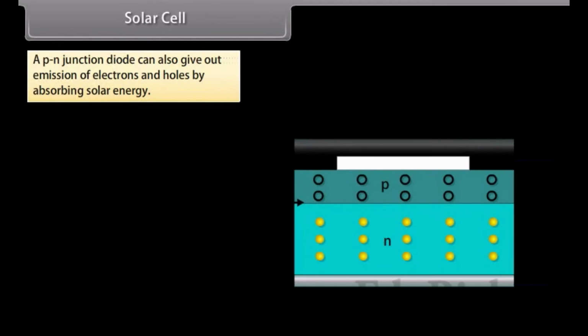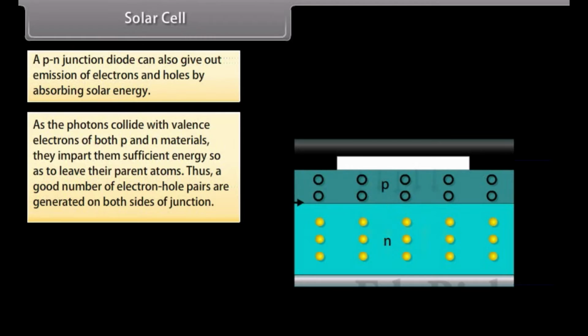A p-n junction diode can also give out electrons and holes by absorbing solar energy. The p material at top is very thin compared to the thickness of the n material. Thus, solar energy photons entering from the top glass window easily penetrate up to both sides of the junction.